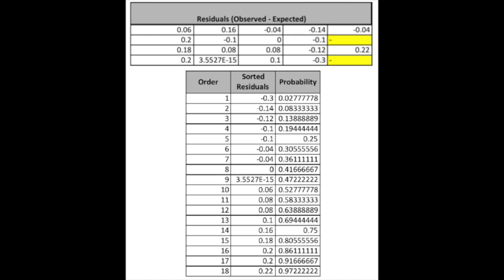In order to test the normality of the distribution, we needed to do a normality graph. To do this, we needed to get all the residuals and place them from lowest to highest, as we can see on the sorted residuals table, and then give them an order. The probability will basically be the order minus 0.5 divided by the total number of data, which is 18.